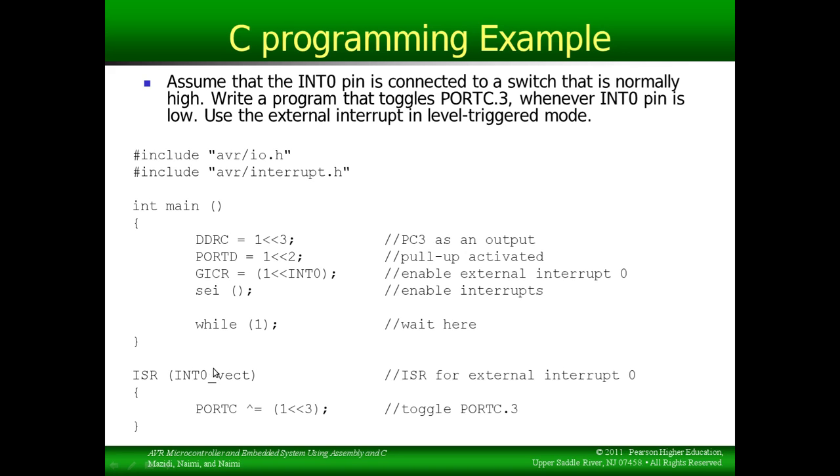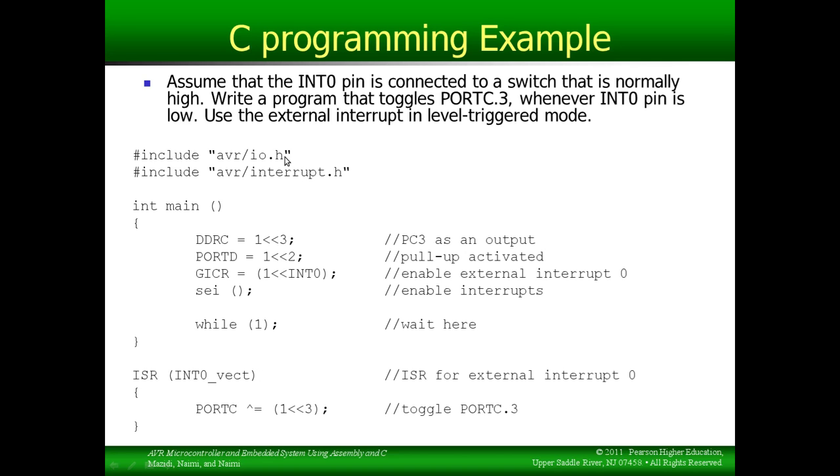And this is the syntax for writing an interrupt service routine. We have ISR and then in parentheses the name of the vector. And the name of the vector sort of follows the pattern. You have the vector source underscore vect. So for this one we have INT0 underscore vect. And if we wanted to use the INT2 pin, then this would change to ISR parentheses INT2 underscore vect.